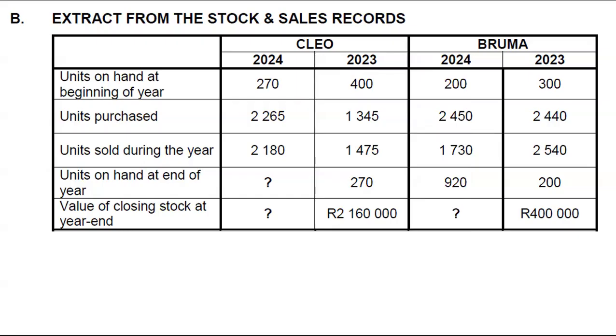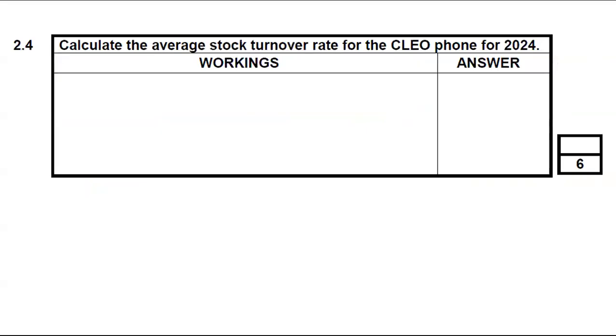And then you divide it by the average trading stock. What is average trading stock? It is half multiplied by the value of your opening stock. Where do we get that 2,160,000?